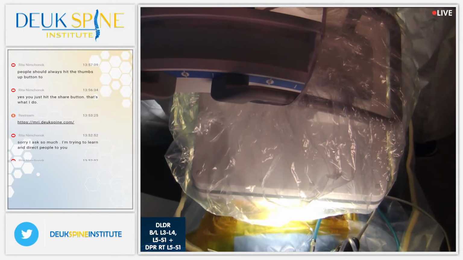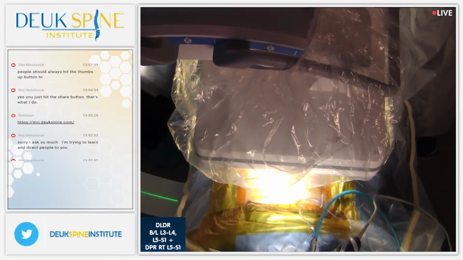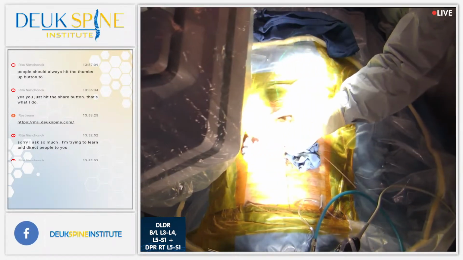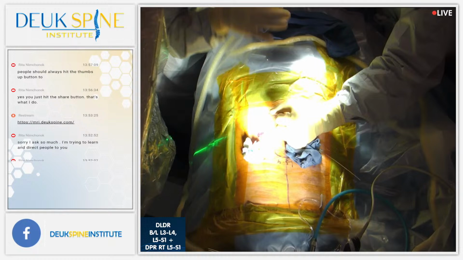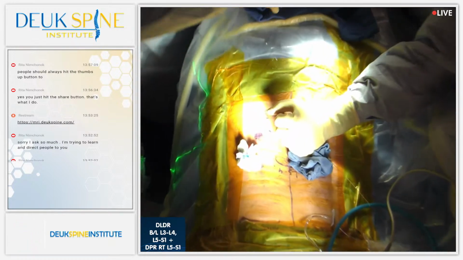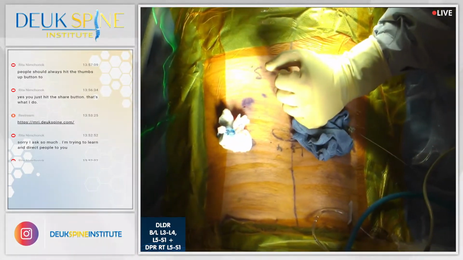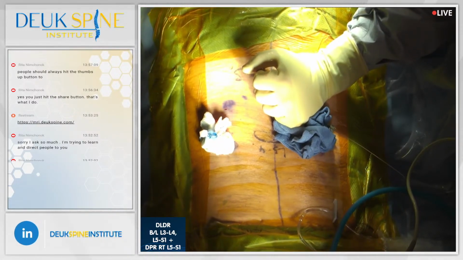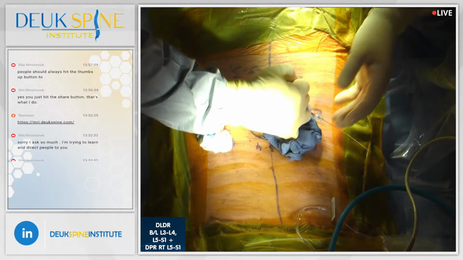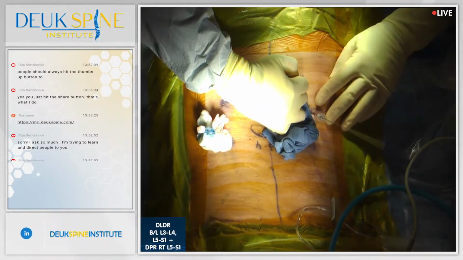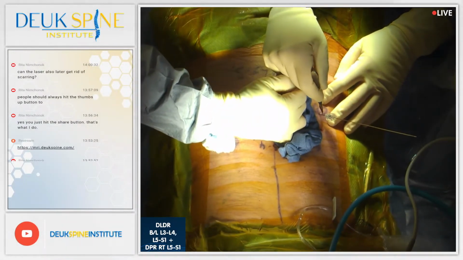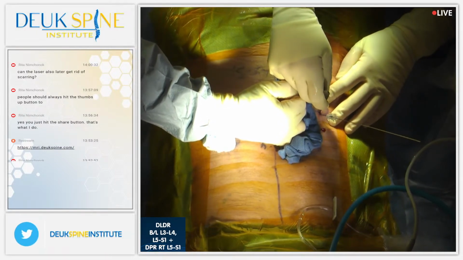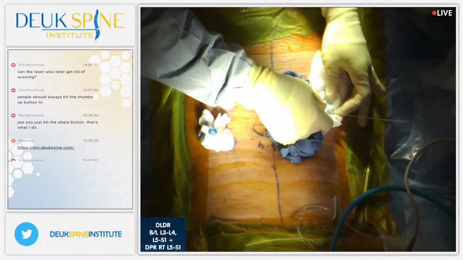So let's talk about that for a moment. You've all heard about adjacent segment disease. Adjacent segment disease is the term given to problems that develop in the joints next to a treatment done on the spine. Typically that treatment is a fusion, but it could also be an artificial disc. It turns out that adjacent segment disease is very common after fusions and equally common after artificial discs.